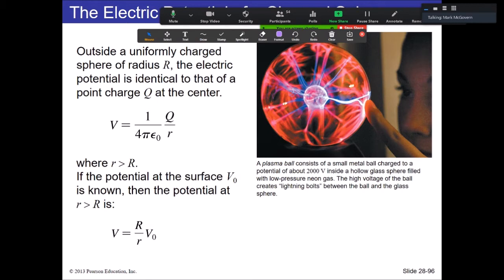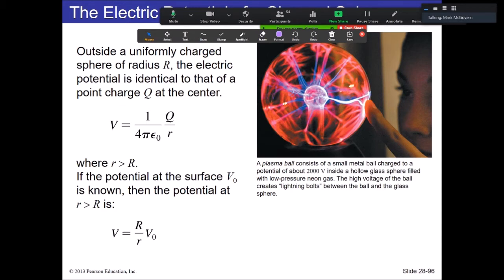I'm just going to state it for now, but we'll be able to prove this in the next lecture, because we've already determined that the electric field due to a continuous distribution of spherical charge is a point charge, whether it was a conductor or an insulator, actually, right? And so it makes sense that if the electric field behaves as a point charge, the electric potential will behave as a point charge.